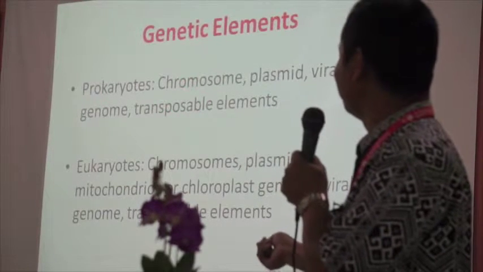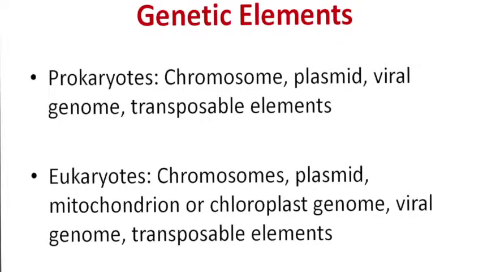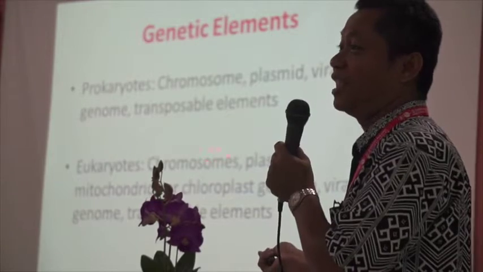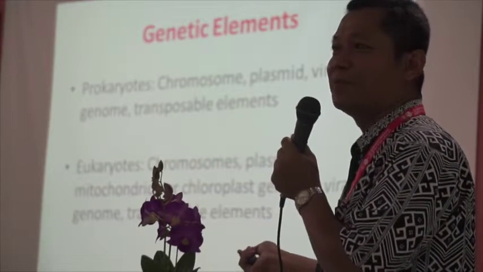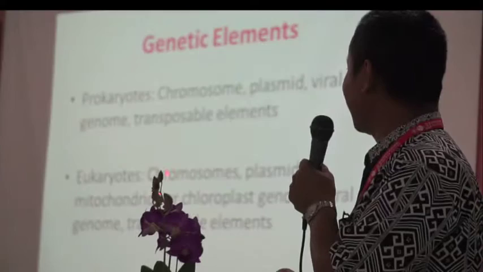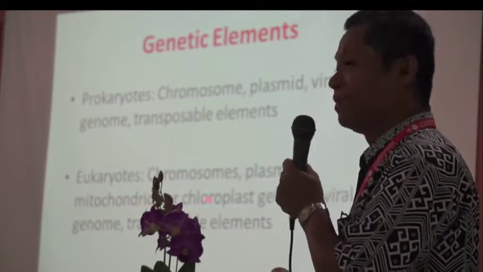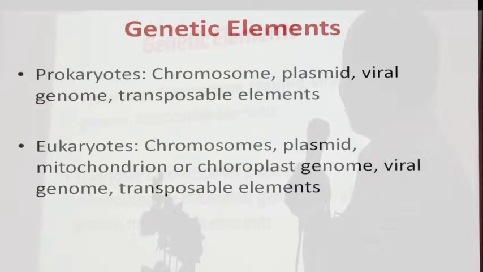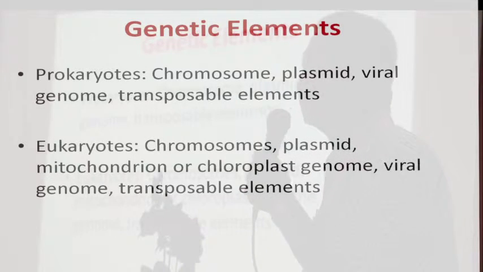In the prokaryotic, the main is the chromosome, there is the plasmid, and maybe some organisms contain a viral genome inserted in the chromosome, or a transposable element that can move from one organism to another. In the eukaryotic cell, the genetic element, of course, is the chromosome, some contain plasmid, and others are mitochondrial and also chloroplast. This all is the genetic element.